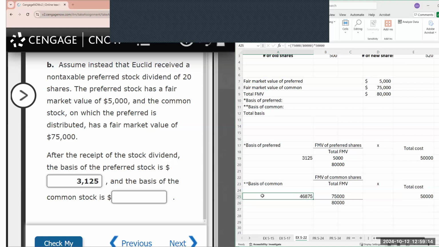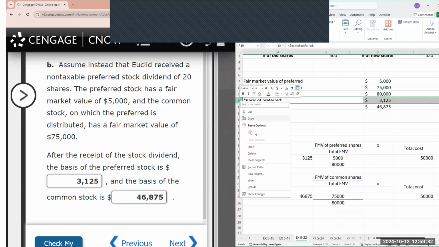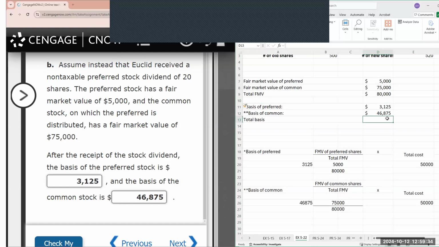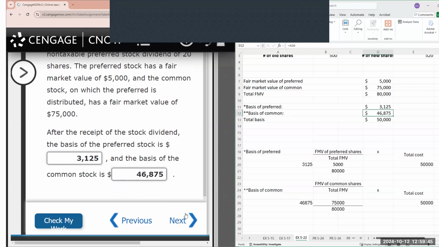So therefore, the basis of the common shares would be $46,875. And then once we factor in the two, the basis of the preferred and the basis of the common, this would equate to the total basis we just allocated between preferred and common shares.